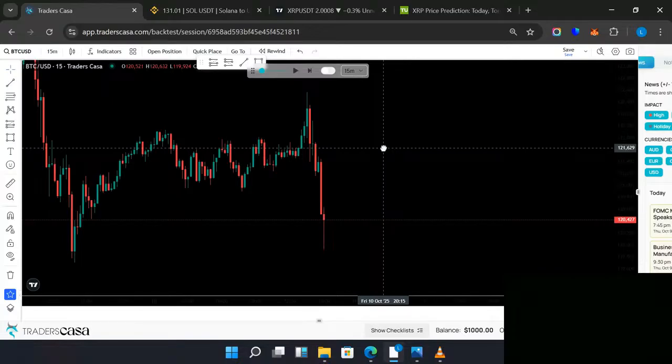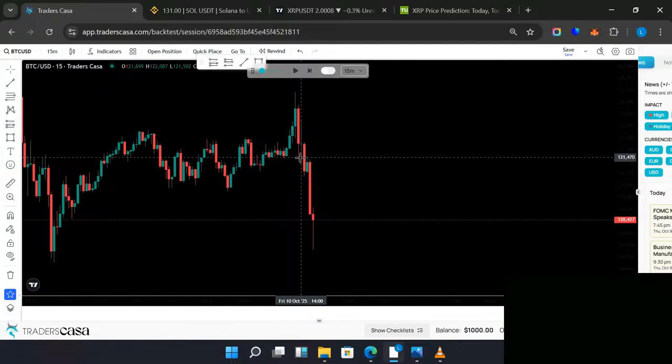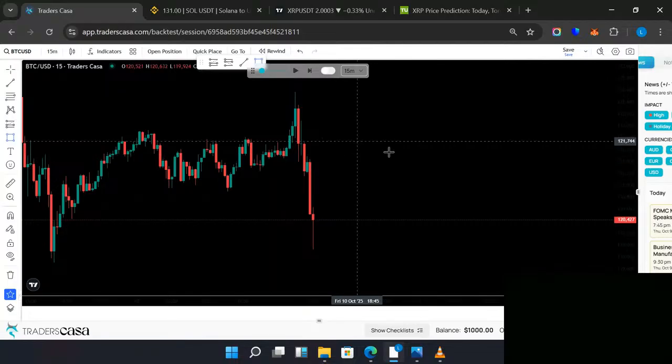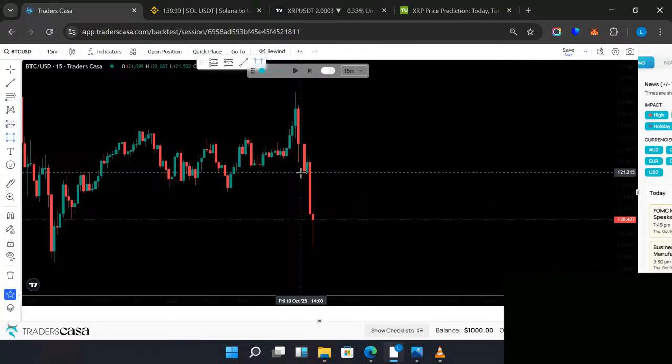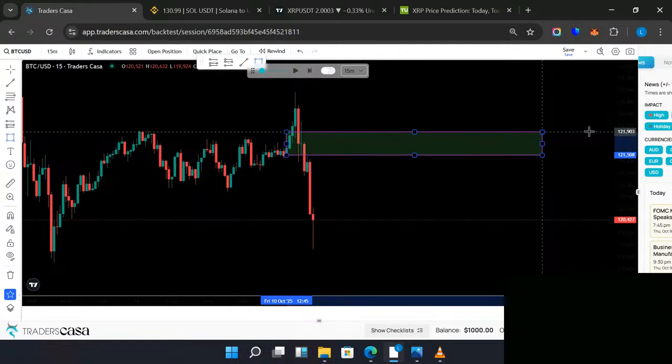Now which one do we take as our consolidation? Should we take this as our order block or consolidation, both he said. So here also there is consolidation if we take a look at that. But here also there was a kind of consolidation zone.